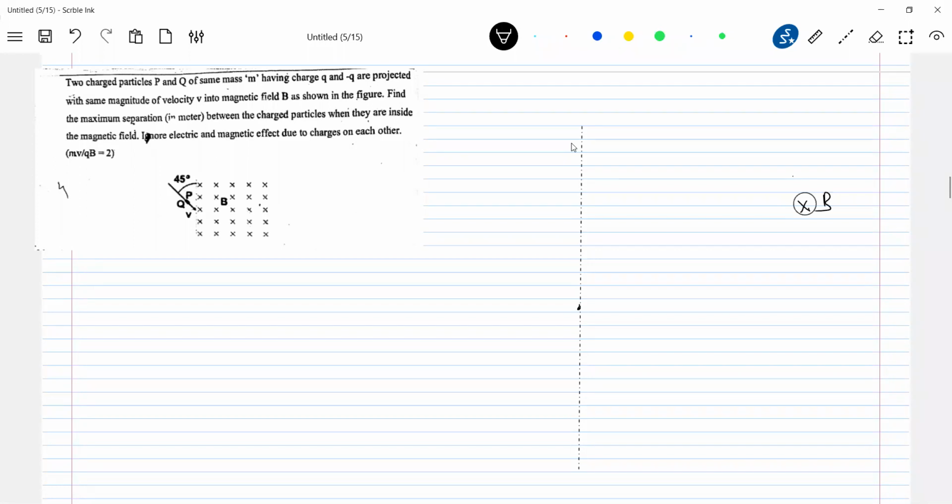Here the velocity vector is like this. The charged particles will enter at this particular point, let it be A. Both positive, one negative.